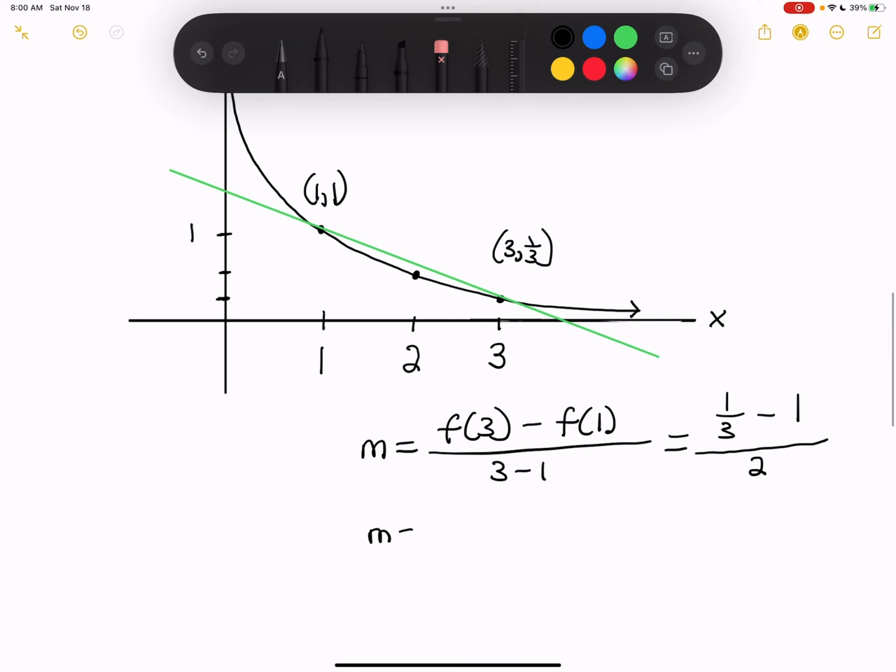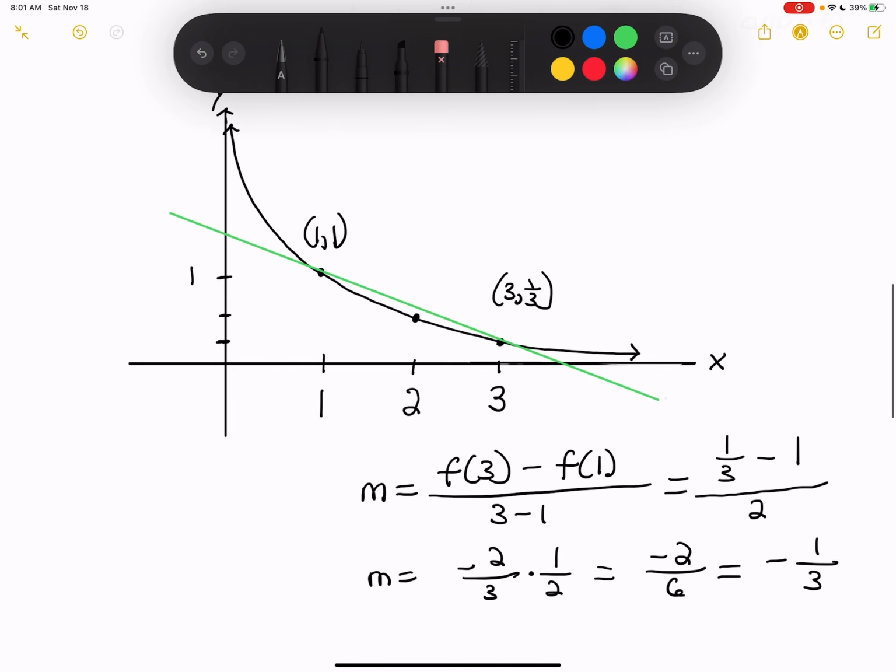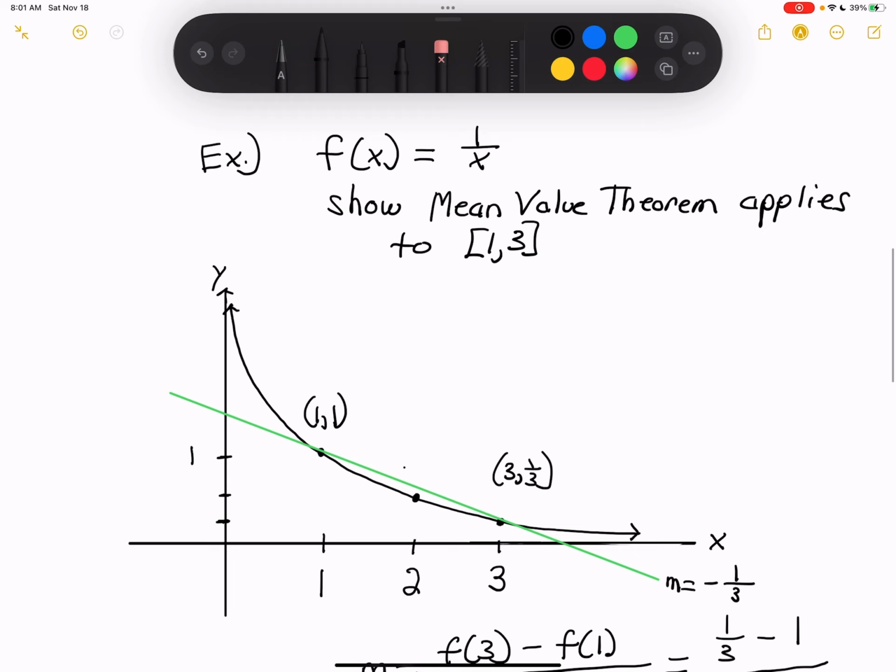So m is equal to 1/3 minus 1, which is negative 2/3, and then divided by 2, or multiplied by 1 over 2, we get negative 2 over 6, which is equal to negative 1/3. So the slope of this green secant line connecting the two endpoints, I know is negative 1/3.